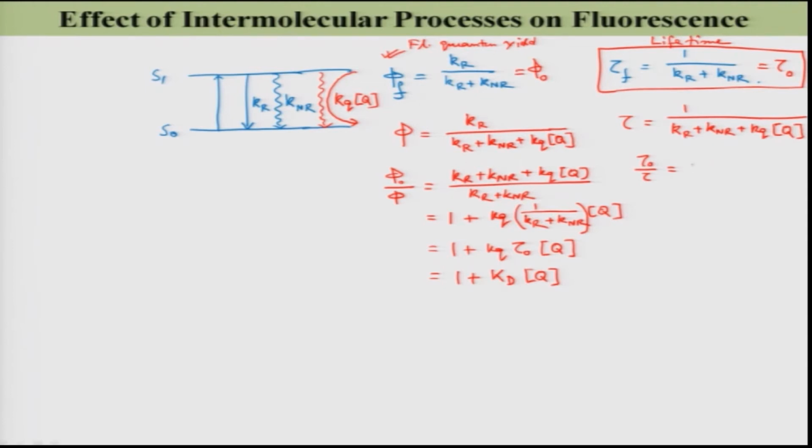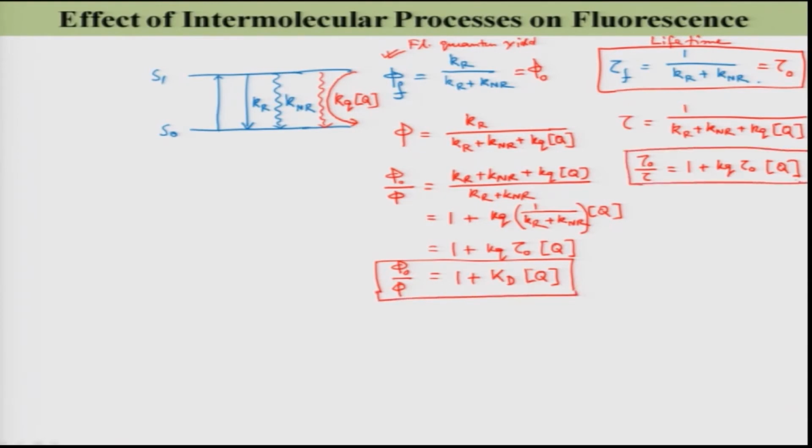In this case you also get 1 plus k_q tau 0 into Q. So what you have seen is that phi 0 by phi has such an equation, and tau 0 by tau also has such an equation, where this quantity is K_D, the Stern-Volmer quenching constant.